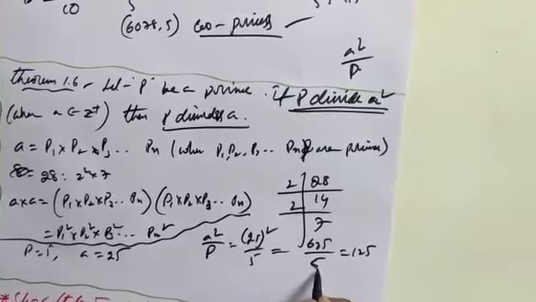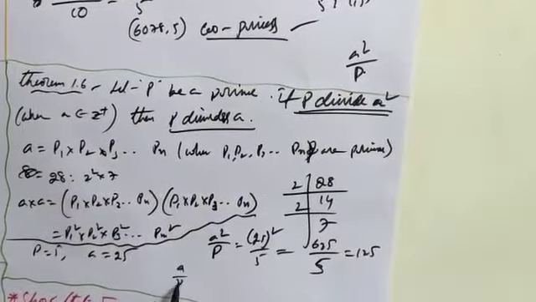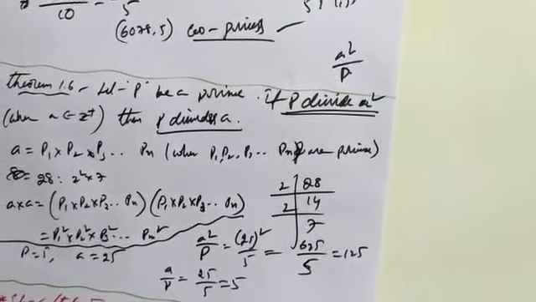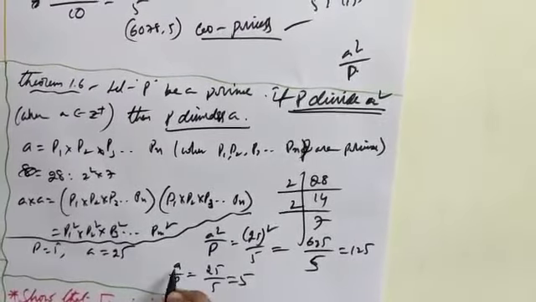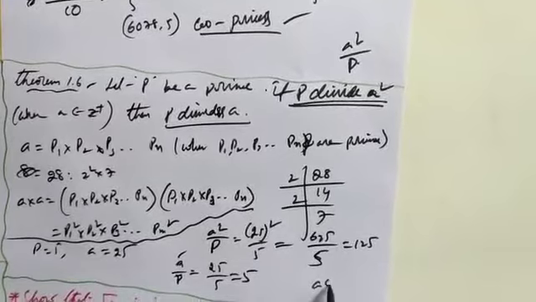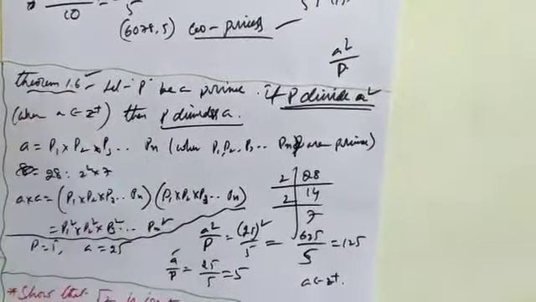At the same time, P divides A means A by P, that is 25 by 5, which is equal to 5. So P divides A, where A belongs to the natural numbers, the positive integers. This is theorem 1.6.